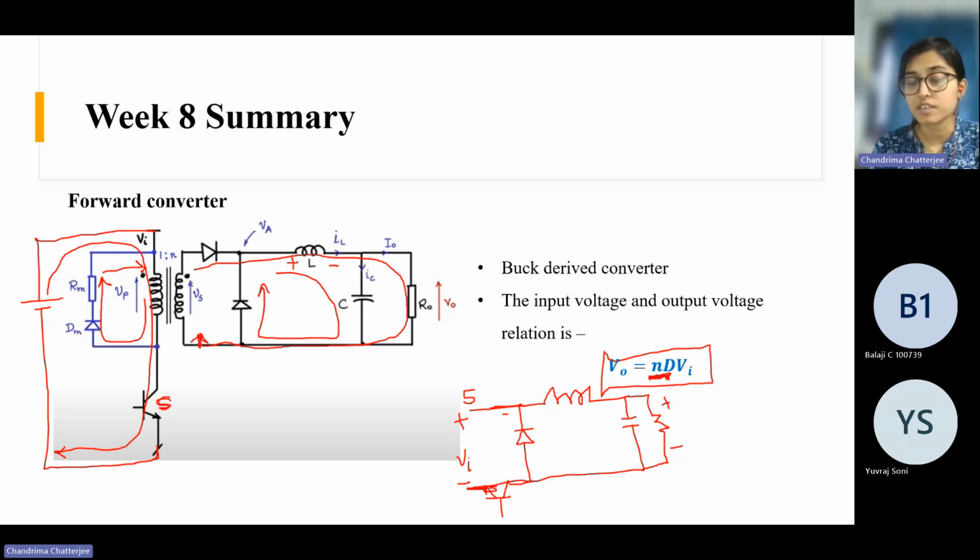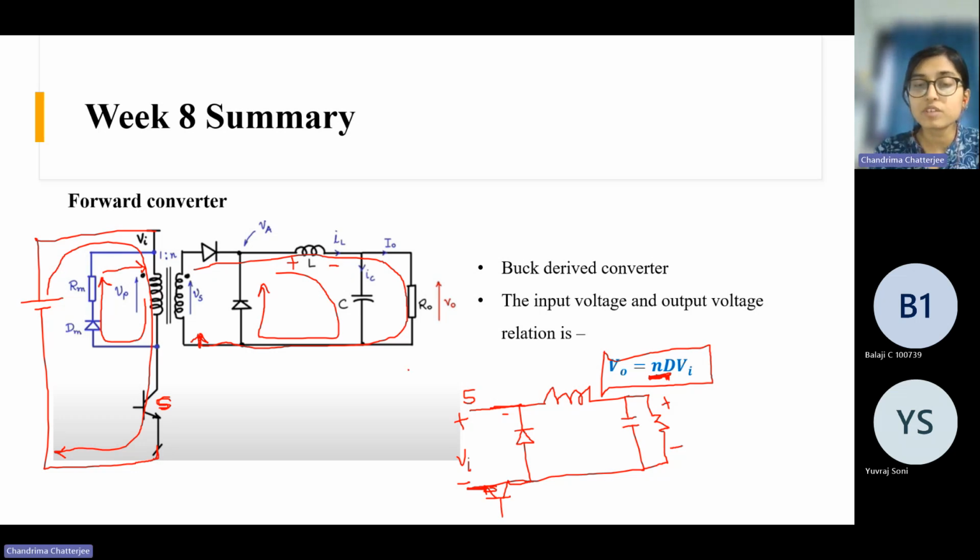That's why I said that we are providing this circuit, this diode and resistance, so that whatever magnetization was done in the first interval, it can get reset, it can dissipate that energy here and come back to the same position. Otherwise there will be some flux accumulation and the transformer will get saturated. That shouldn't happen. Otherwise it is okay, there is no problem.